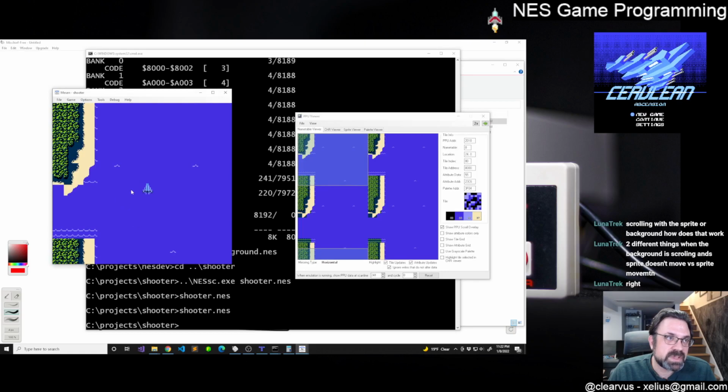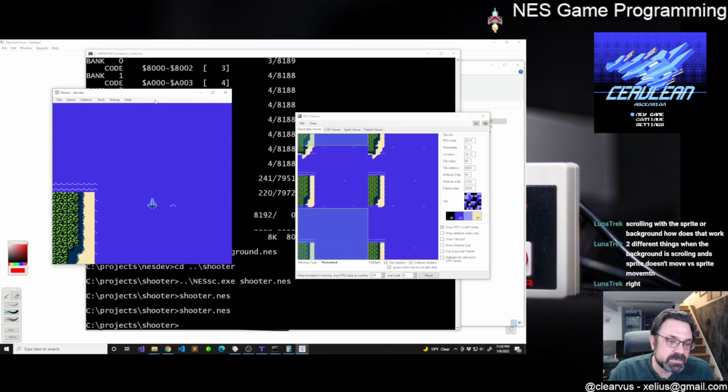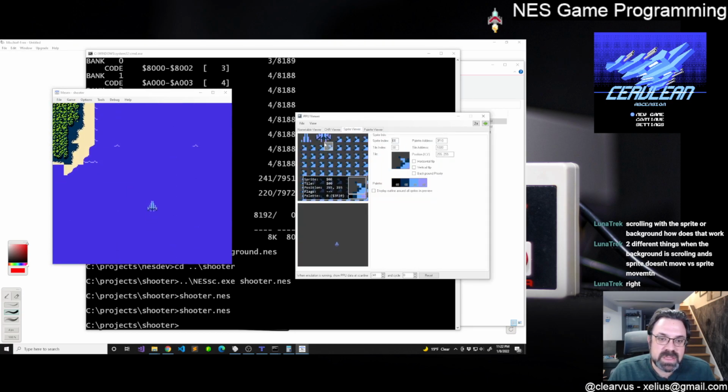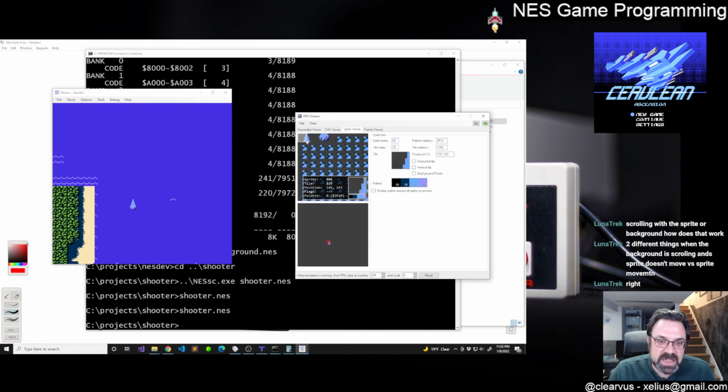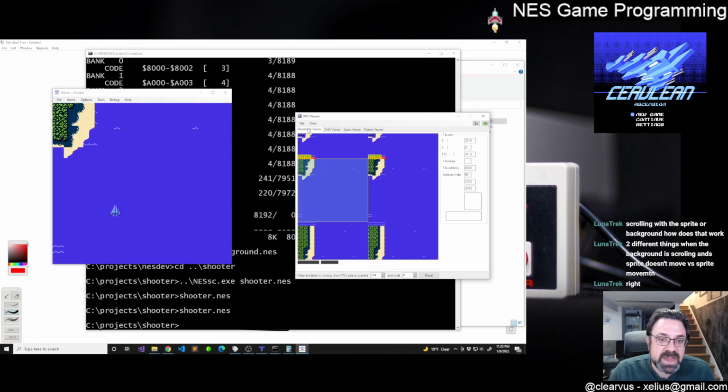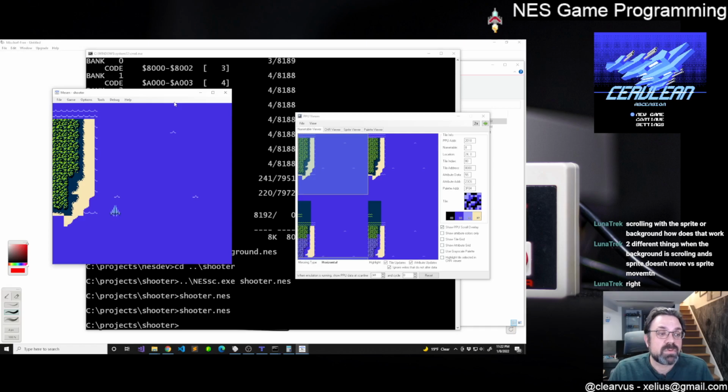The two are totally independent of one another, which is why I can also move the ship back and forth, because by doing that I'm adjusting the sprite position, which has no impact on the background. Now, it might have an impact on the background in, say, a platformer game where you have Mario running back and forth, and you have a boundary of some sort where if the sprite reaches a certain position, it should cause the background to move.